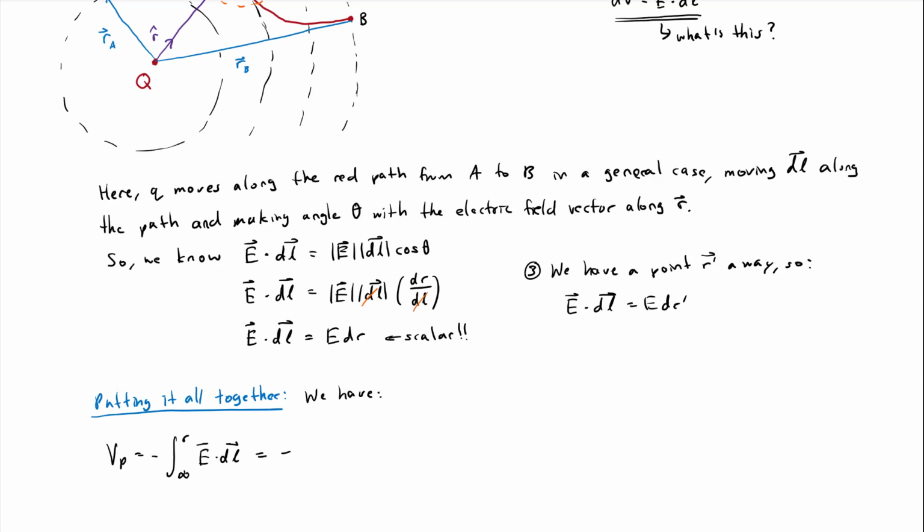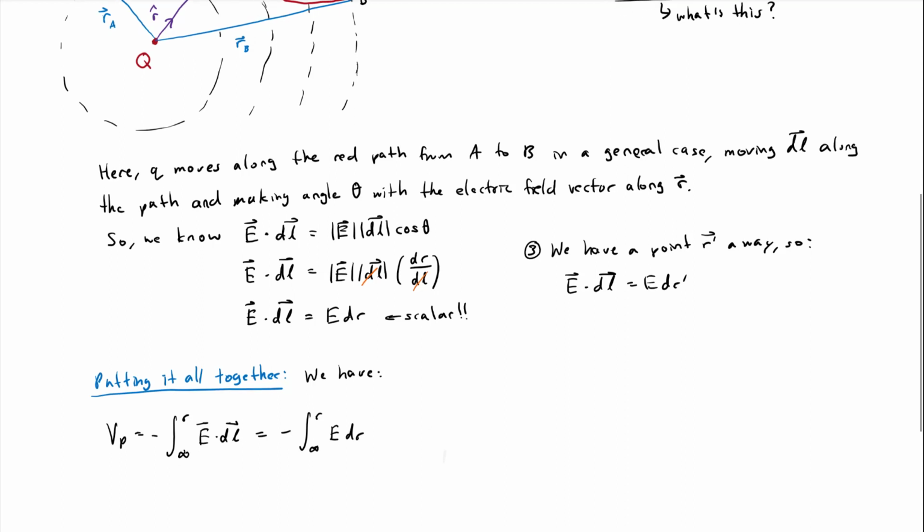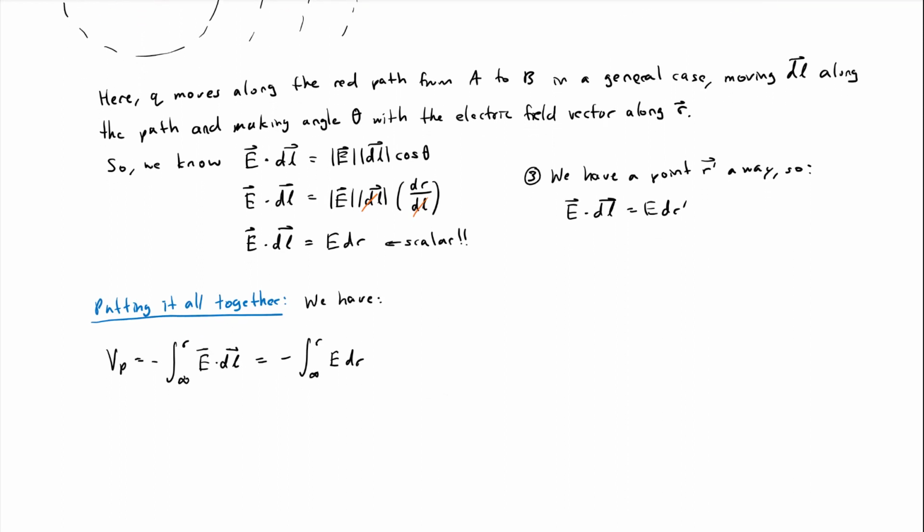We know that we can rewrite E dl as E dr, but in our case, we have infinity to r of q over 4 pi epsilon naught r prime squared dr prime.